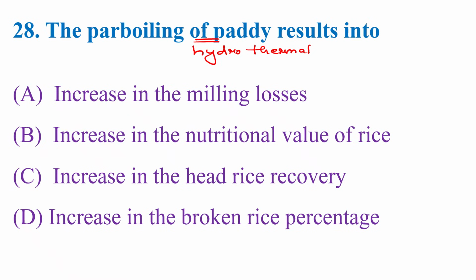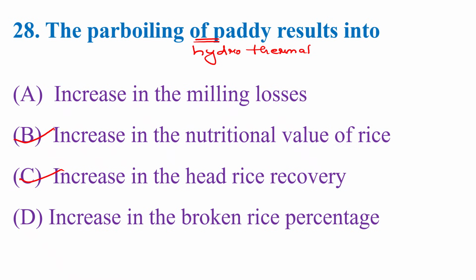Option number C, that is increase in the head rice recovery. This statement is also true since steaming gelatinizes the starch. Now grains become harder and stronger. During milling less breakage occurs, so it results in more whole, that is head rice, grains being obtained. So option number C is also correct.